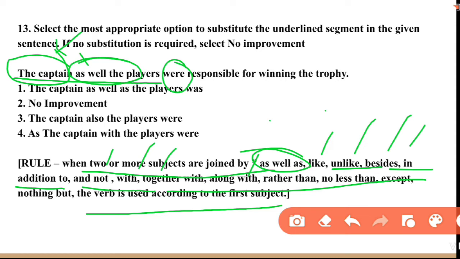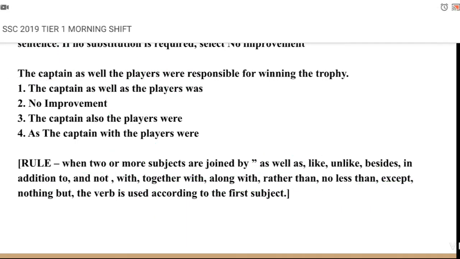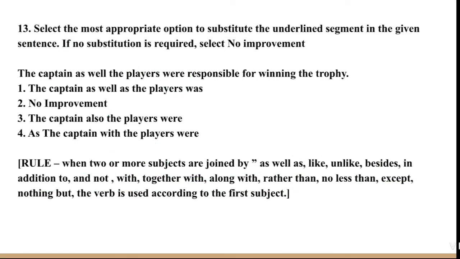You see here that the captain is one subject, and this is another subject. These two subjects are joined by as well as, but according to the rule, the verb will only follow the first subject. So hence you have the captain, which is singular.